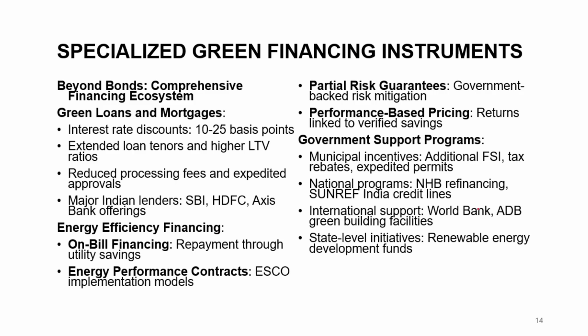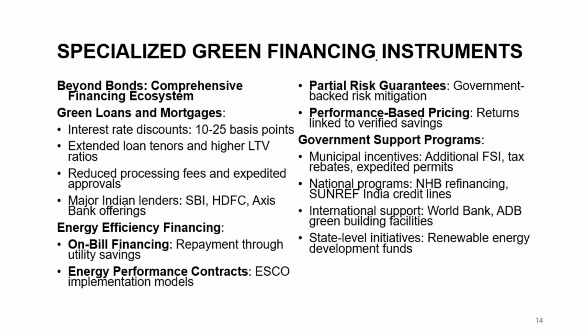Then we go to specialized green financing instruments. So the green financing ecosystem extends far beyond bonds to include specialized instruments designed for different aspects of sustainable real estate development.